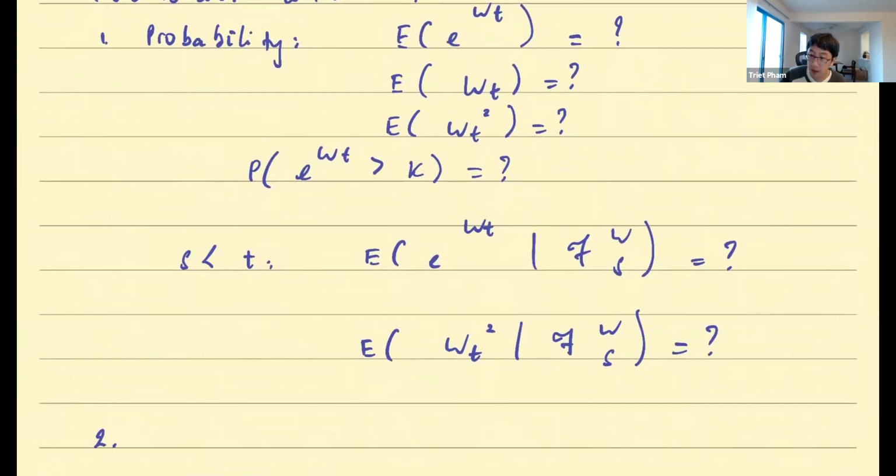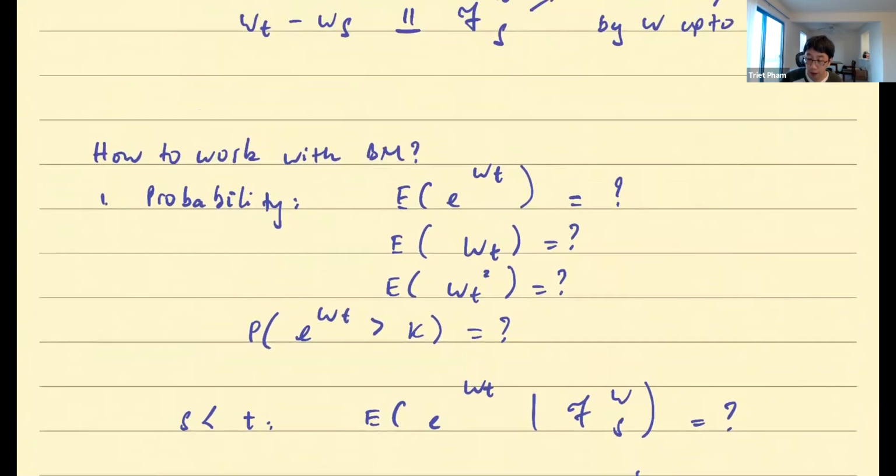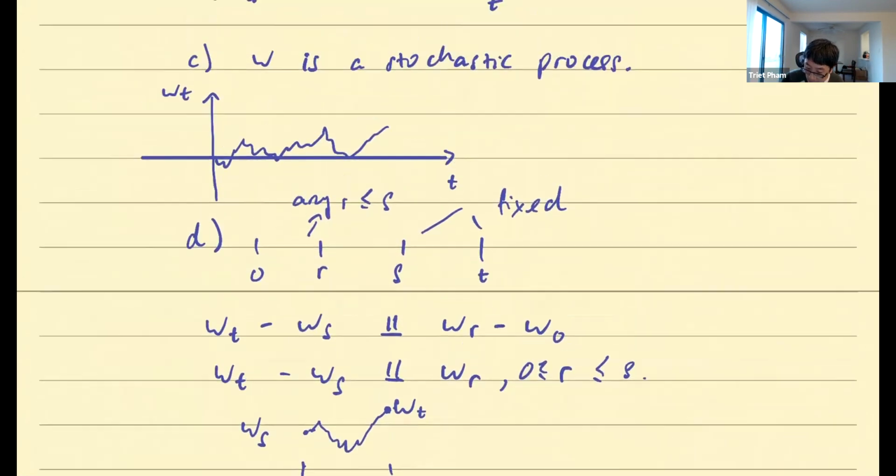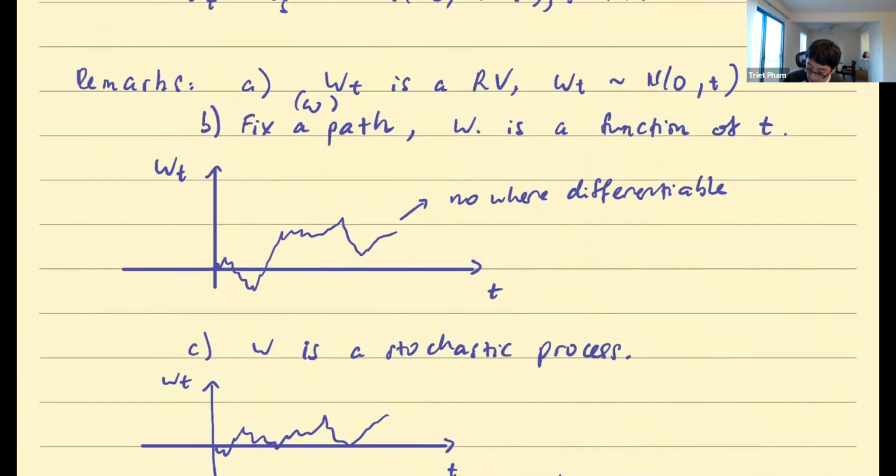The second part is the calculus part. So in a way, a stochastic process is a function of two variables. The first is the random part, and this is what we're talking about right here. The second is the T part, the time part, the time aspect. How do we handle the fact that it's also a function of time?